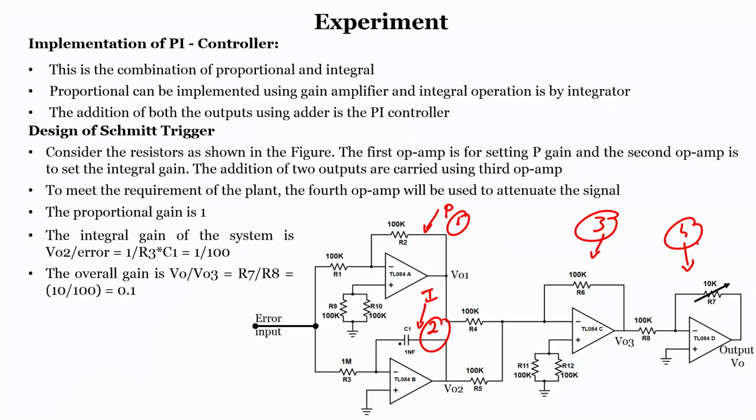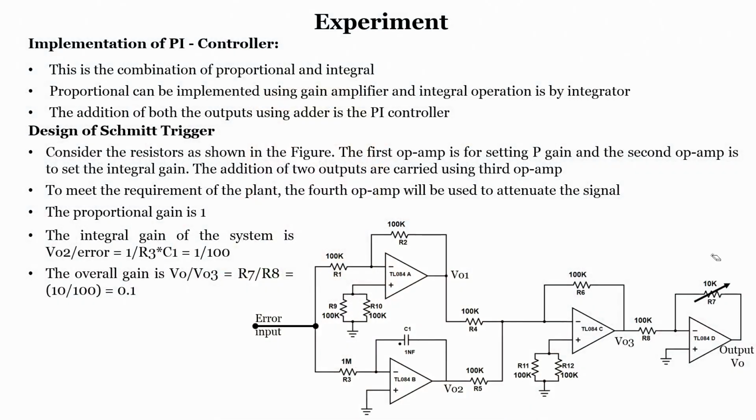So, now what we have is, if we can design the proportional controller, the integral controller, the third op amp which adds both, and the fourth op amp to attenuate the signal, then we can design an on-off controller and a temperature controller using operational amplifiers.